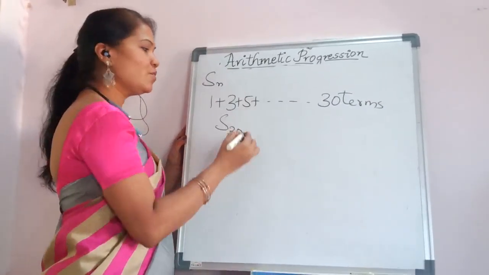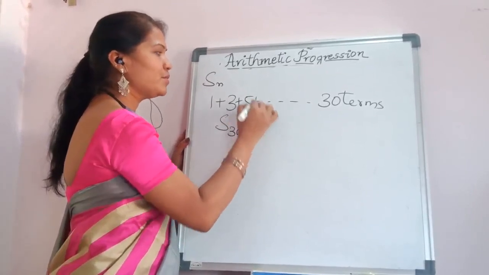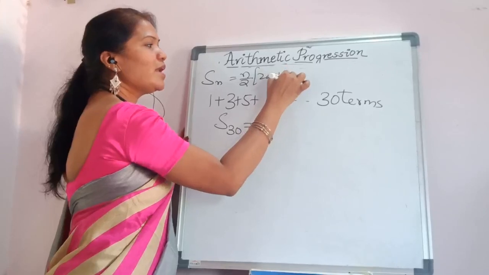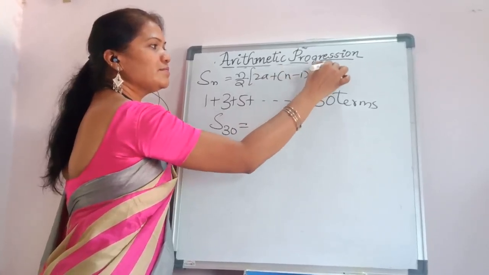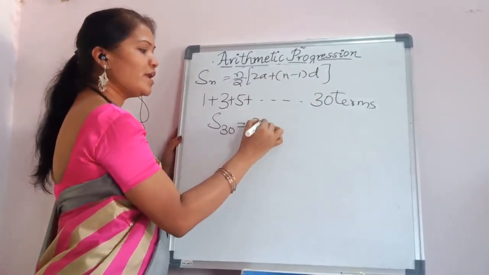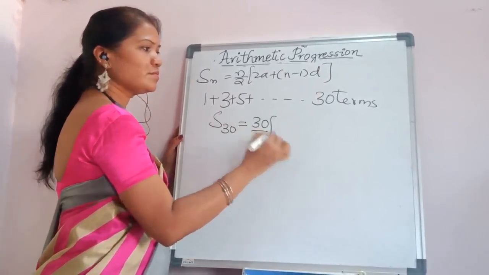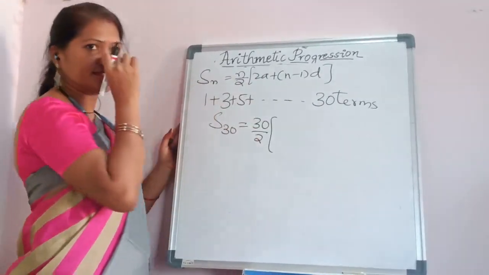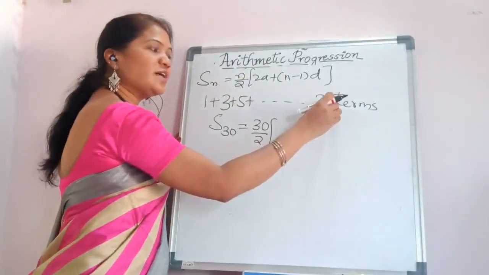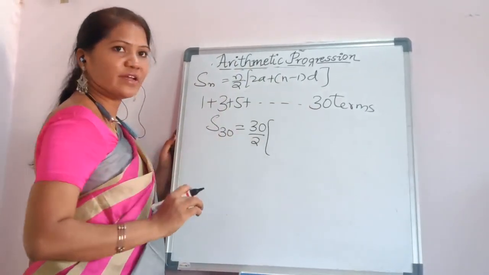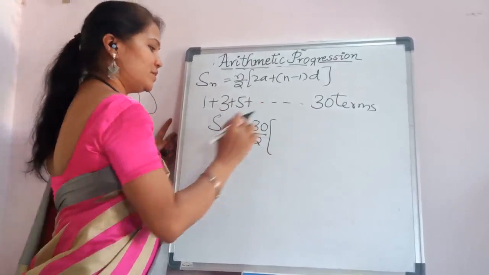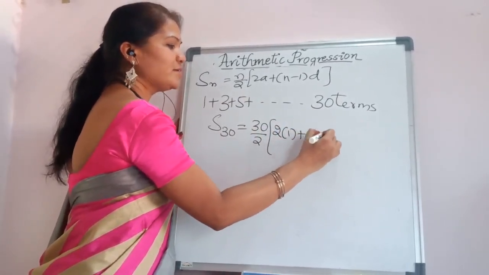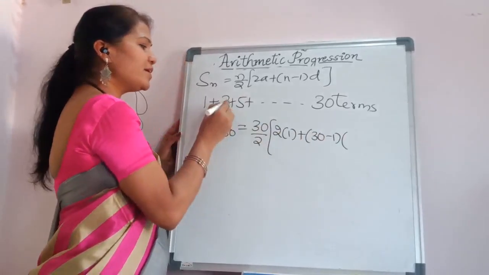Direct application. What? S30 is n by 2, right? What is our Sn? n by 2 into 2a plus n minus 1 into d. So what I'll get? Our n is 30 by 2 into, if they ask you to find S30, we can find S30. Sometimes he will give the 30th term value, then that also we can find, right? 2a, 2 into a plus n, 30 minus 1 into d. What is our d here?